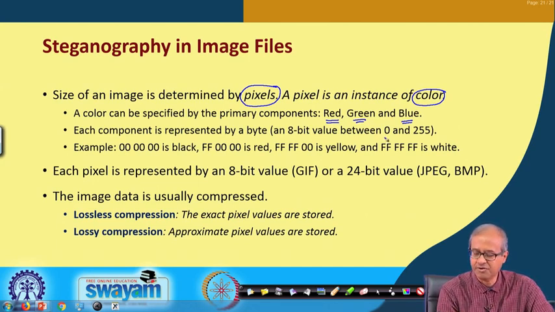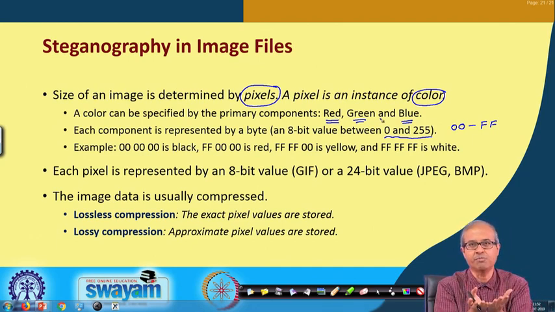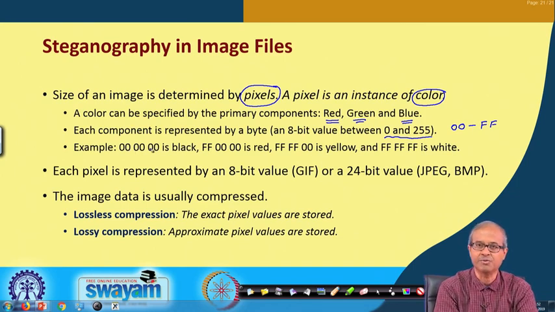In 8 bits, the value can be between 0 and 255. Now, in hexadecimal, it will be 0 to FF. Let us say black, the color black, where red, green, blue, all these components will be 0. So, it can be encoded as 00, 00, 00: red, green, blue.